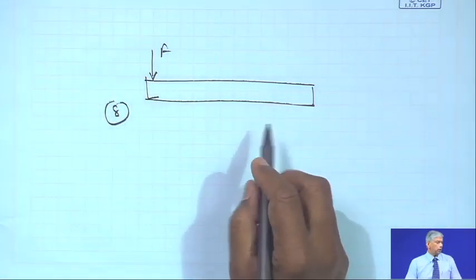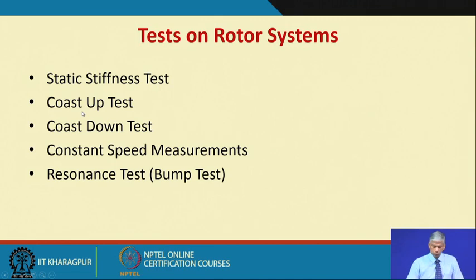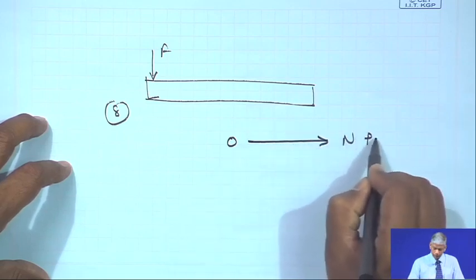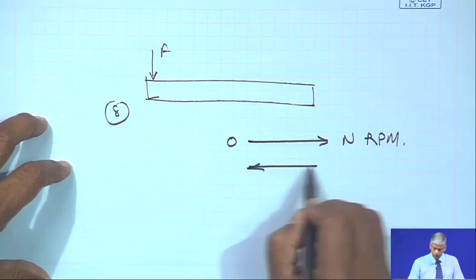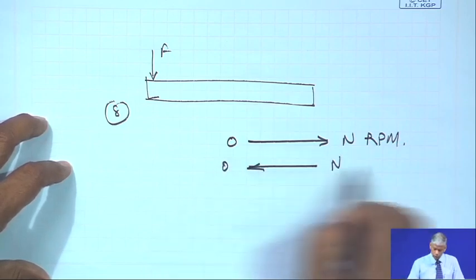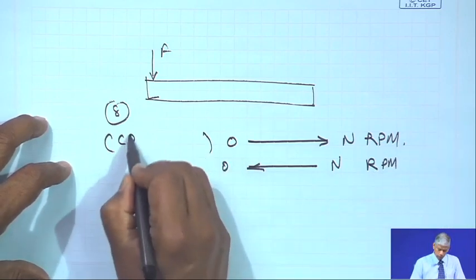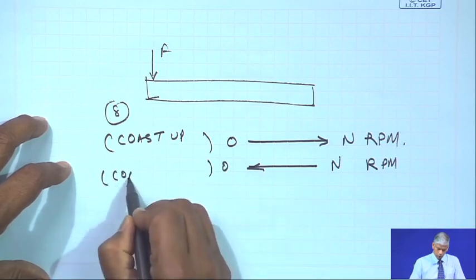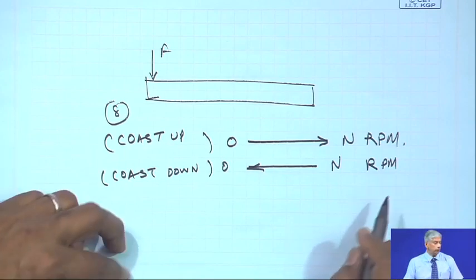But another very important test which people do is the coast up and coast down test, where you increase the speed from 0 to a certain RPM at a constant rate, this is the coast up, or from that speed down to 0, and this is the coast down.